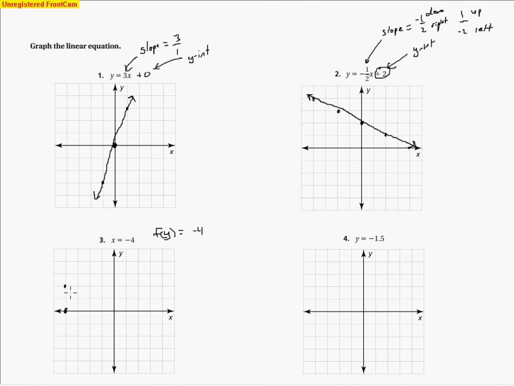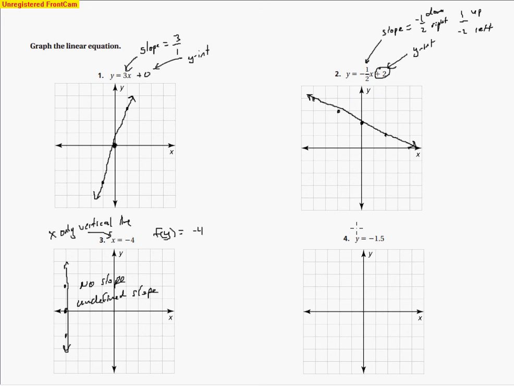So this has no slope. It is a vertical line. So whenever we see that x only, that's when we have that vertical line. And again, there is no slope, or undefined slope, is what we end up seeing on that vertical line.